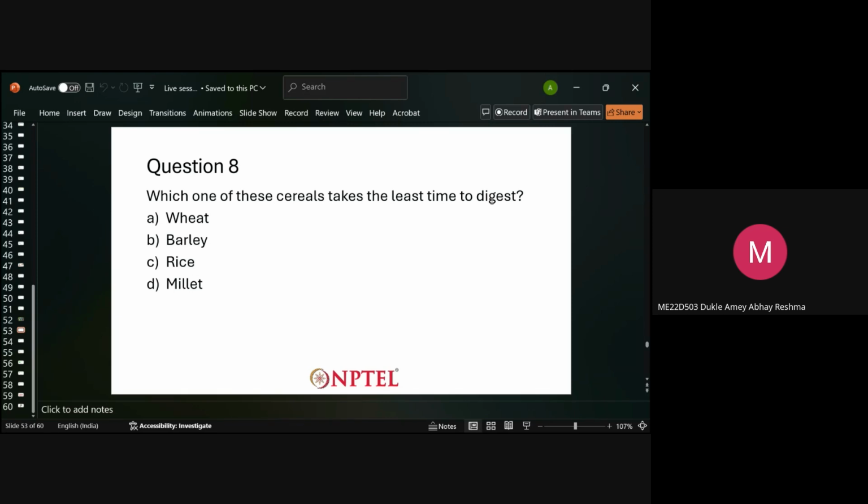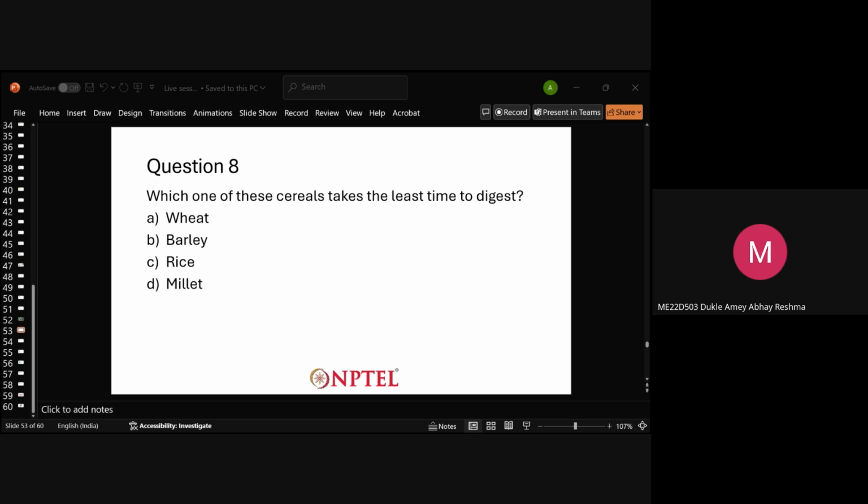So yeah, question number 8. This is a new question. Which of the cereals takes least time to digest? Wheat, barley, rice, or millet. So what do you think is the answer?